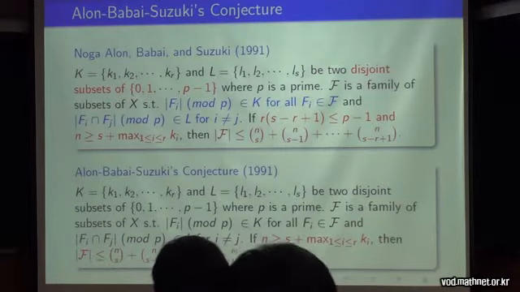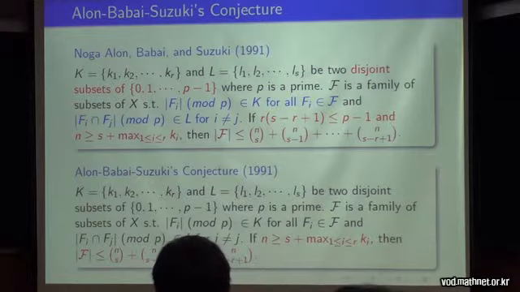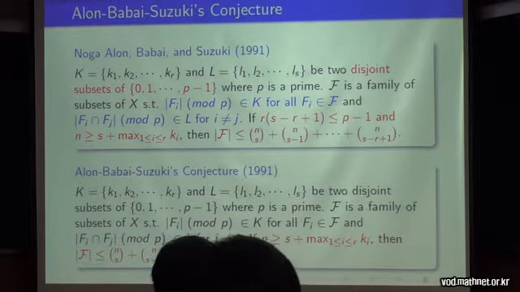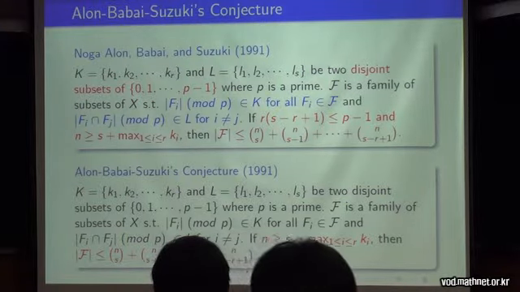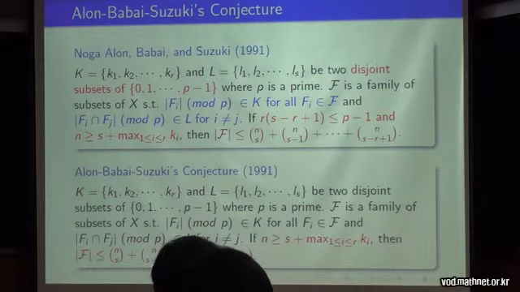In 1991, Alon, Babai, and Suzuki got an upper bound for a set family satisfying this condition. The first one is that the family is L-intersecting modulo p.